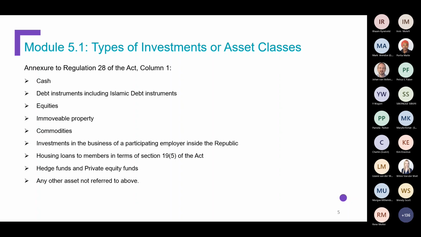So Regulation 28 provides a list of asset classes that the fund can invest in, which are cash deposits, debt instruments, including Islamic debt instruments, equities, immovable property, and commodities.